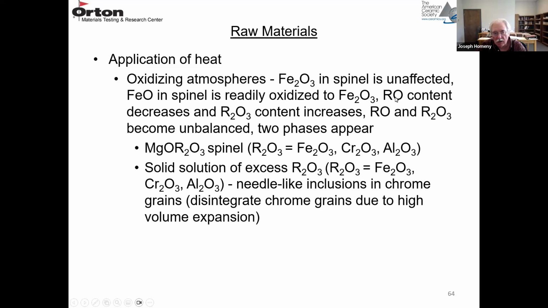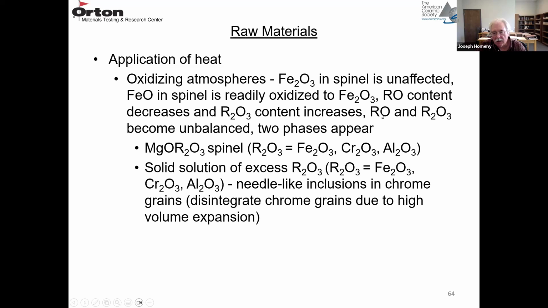So now this RO content, FeO is an RO. So the RO content decreases and the R2O3 content increases. So we oxidize FeO to Fe2O3, the RO content decreases, the R2O3 content increases.